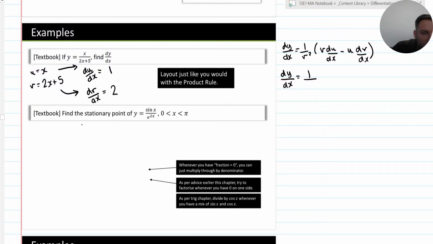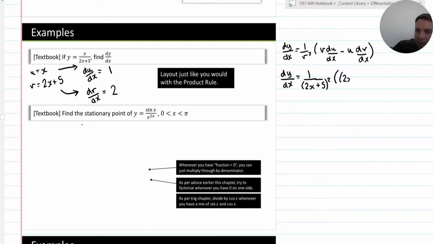So now we're going to sub all this in. dy by dx is equal to 1 over v squared. Now v is that 2x plus 5, so it's going to be 1 over 2x plus 5 all squared, times by v du. Now v is that 2x plus 5, so that's going to be the same again.